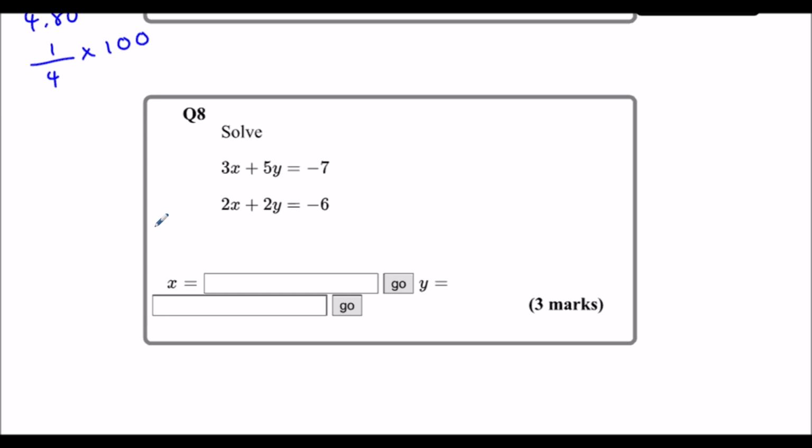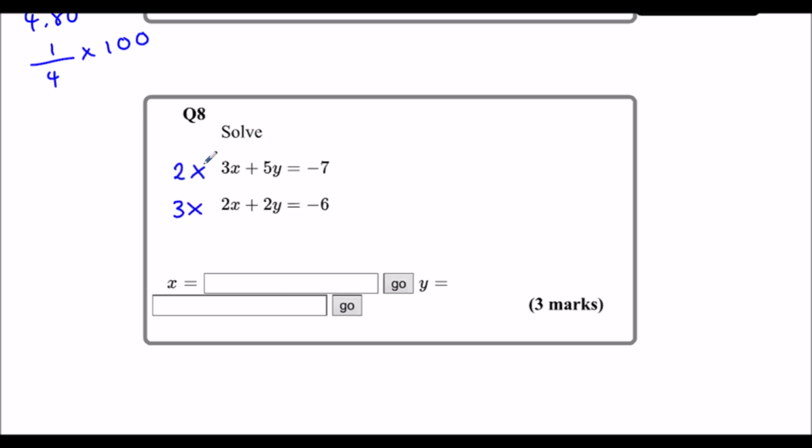Question 8. Simultaneous equations. So to solve simultaneous equations, we're going to make either the x's the same or the y's the same. I'm going to make the x's the same by timesing the top one by 2 and the bottom one by 3.